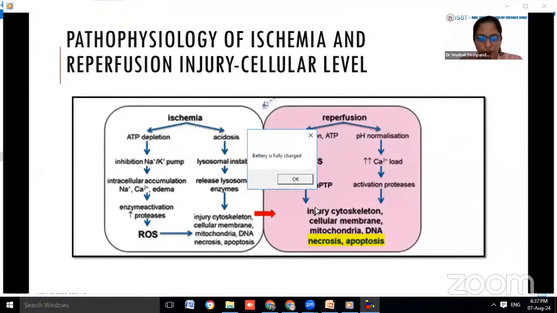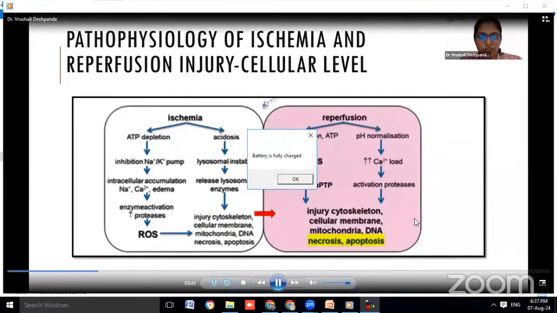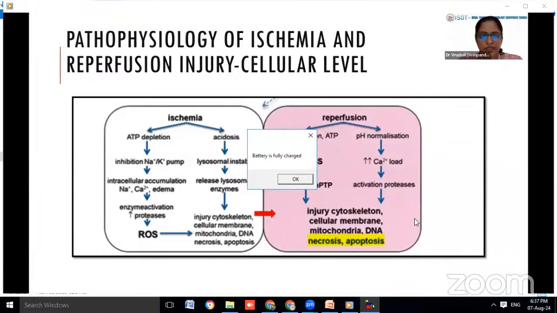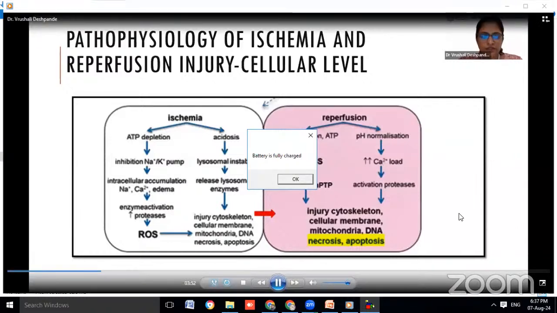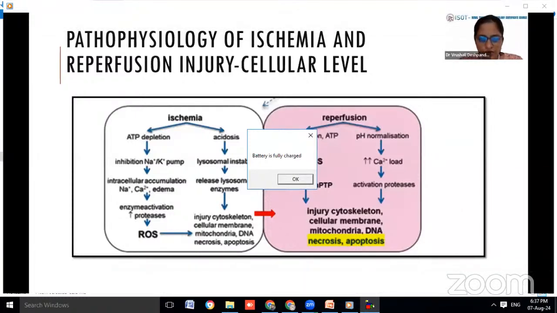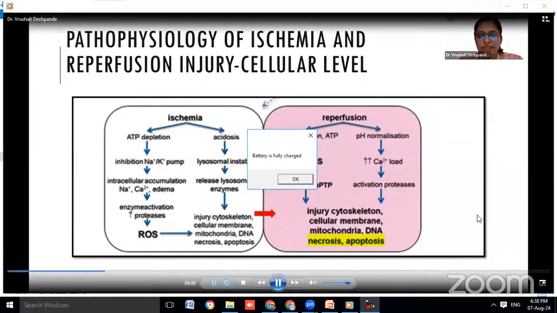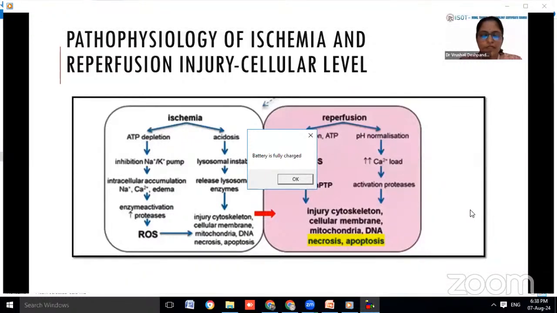Second thing, at this point of time, there is increased generation of reactive oxygen species. Third thing, as the ATP goes down, the aerobic glycolysis goes down, the cell shifts its metabolism to anaerobic glycolysis. There is generation of lactic acid, the pH of the cell drops, and pH is very much critical for maintenance of cellular stability.